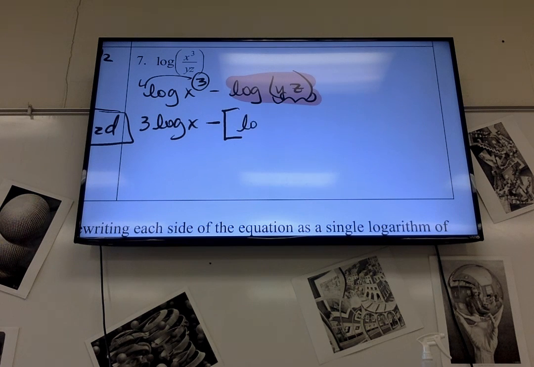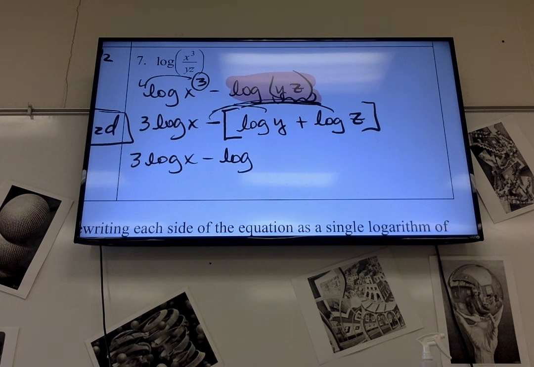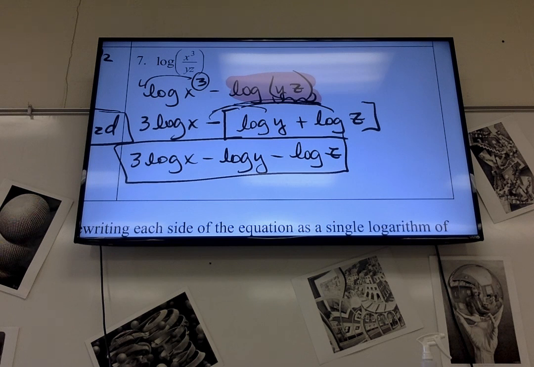So that's log of y plus log of z. And then just don't forget, I'm subtracting this whole thing. So I have to subtract both of those. So it's 3 log x minus log y minus log z. A lot of people mess up on that second minus sign. I'll put a plus there.